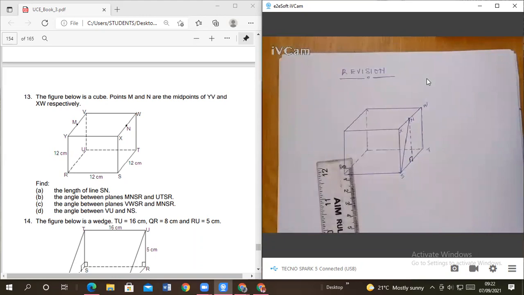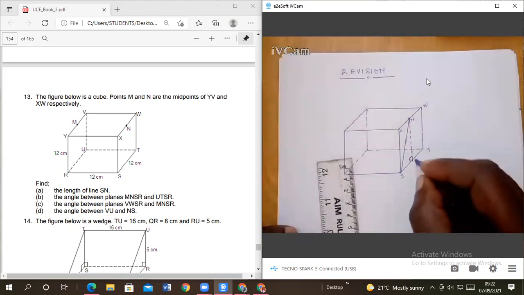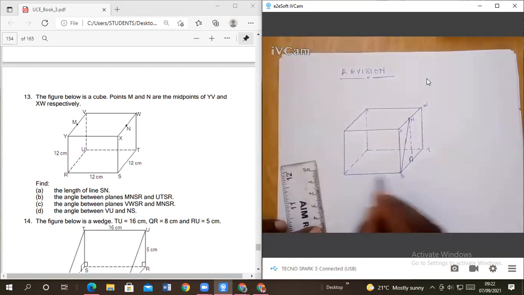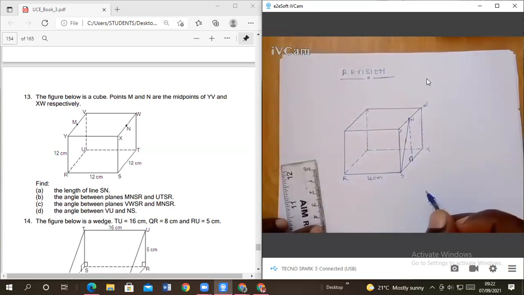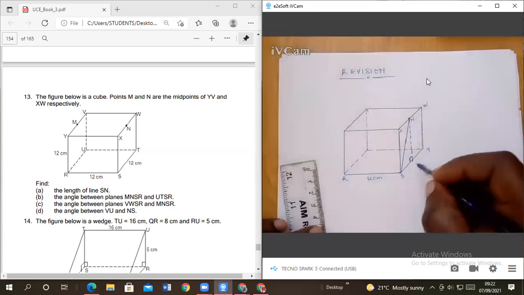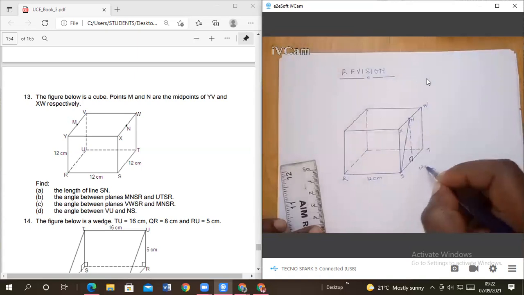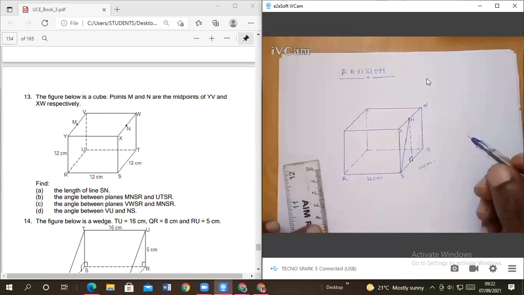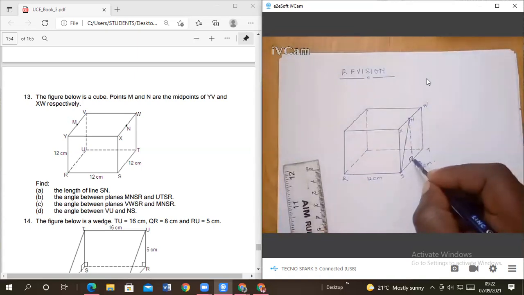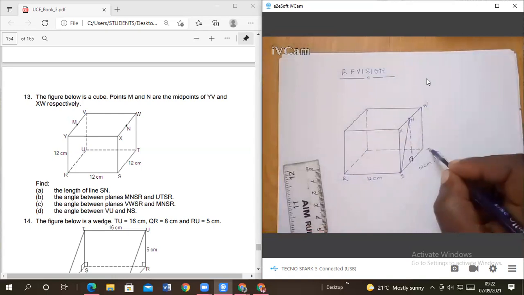Now, remember that this distance from R to S is 12 centimeters. And also from S to T is 12 centimeters. So this point which is here cuts the line ST into two.